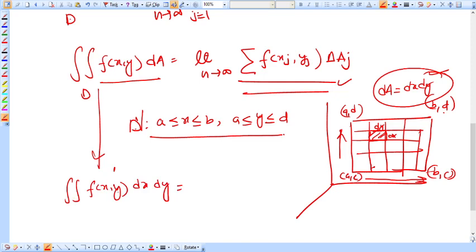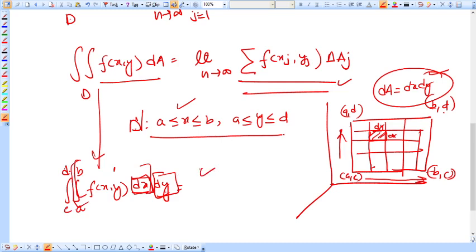Firstly, inside you have dx, so here we write the limits of x. x is varying from a to b, so we write a to b. Secondly, for y, outside you will write c to d because it is the limit of y.